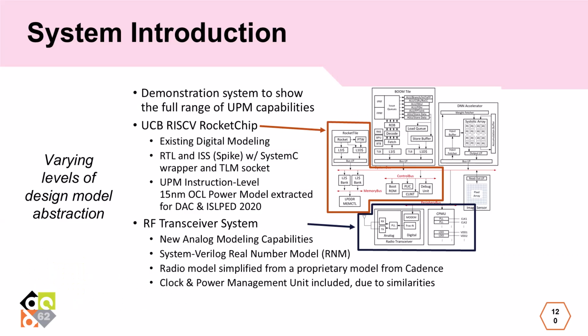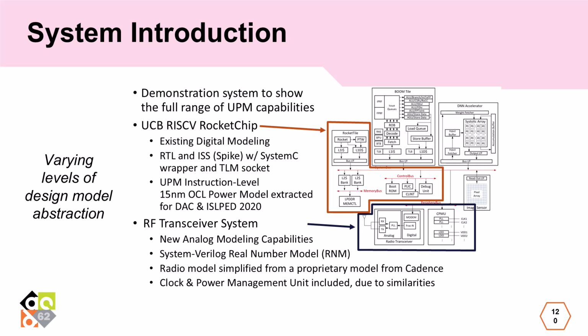We started with things we already had fairly detailed simulation models of, including a RISC-V based rocket chip, for which we had a SystemC instruction set simulator that was at least instruction level accurate, and an RF transceiver system for which we had real number models of the functional operation for receive and transmit, and a fairly detailed model of the PLL, which we'll see.